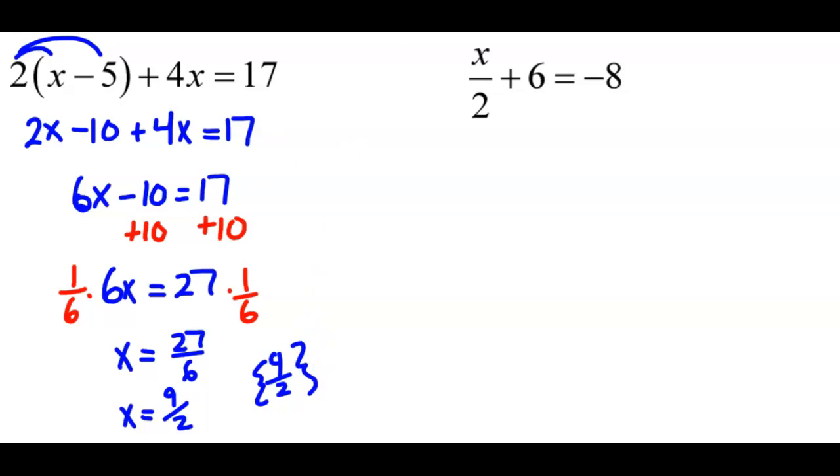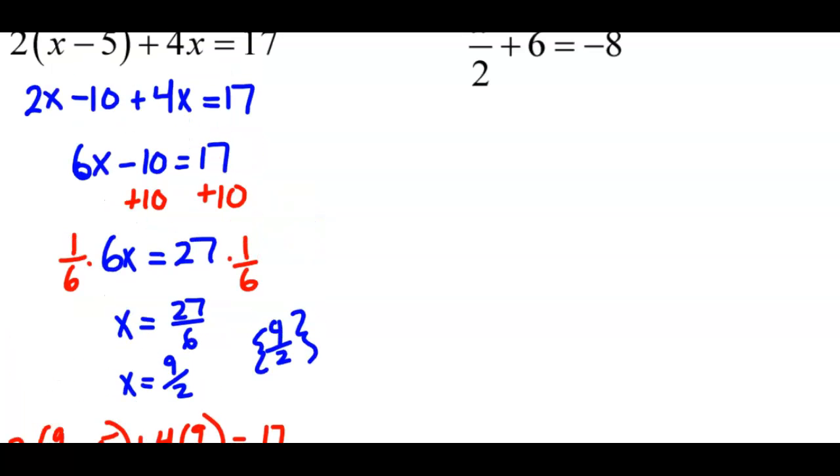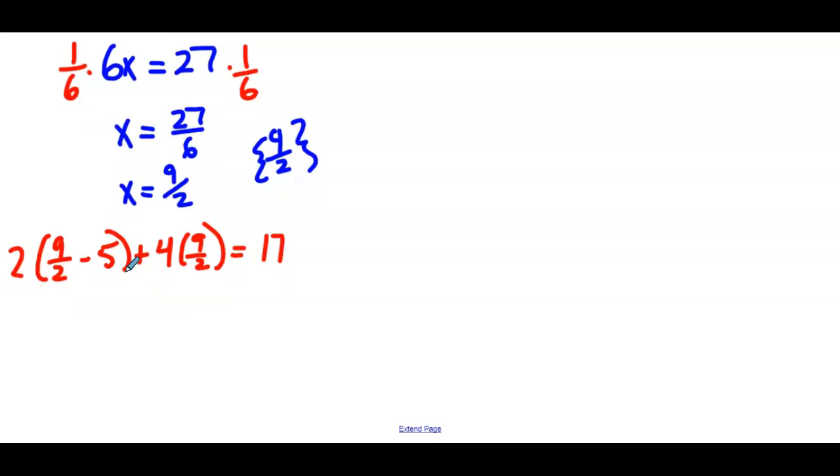So checking our answer here, we would have 2 times 9/2 minus 5 plus 4 times 9/2. Is that equal to 17? So here, we want to think of that 5 as 10/2.